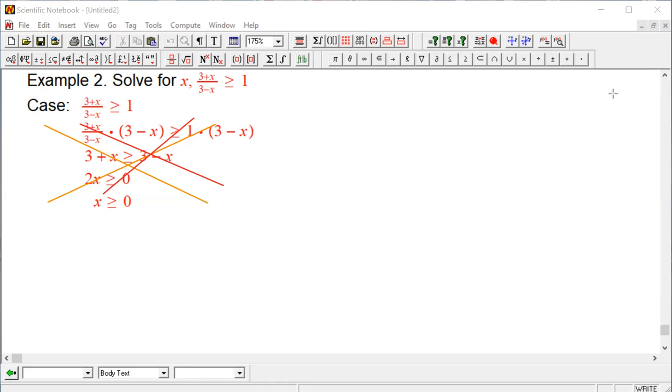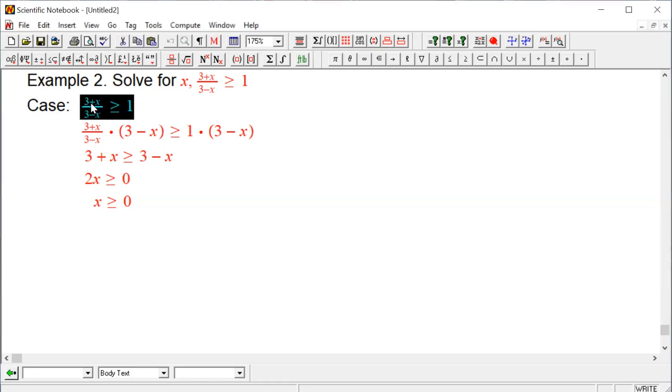Well, let me clear this. If this is true, you multiply both sides by 3 minus x, right? Even if you're aware that 3 minus x cannot be 0, you still cannot do this. You can tell the reader that x cannot equal 3. Okay, that's great, you're aware of the domain.